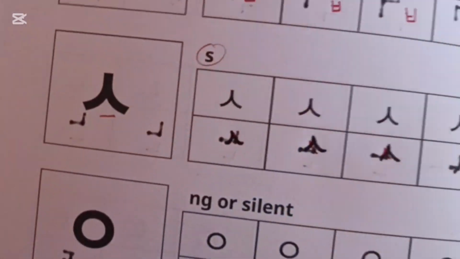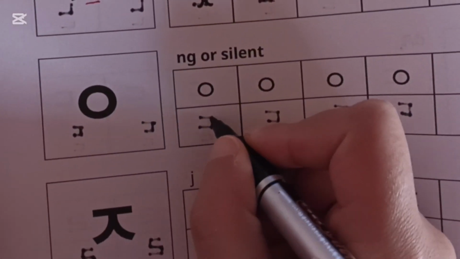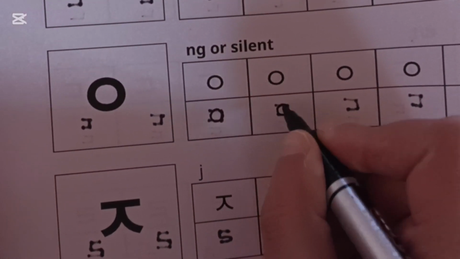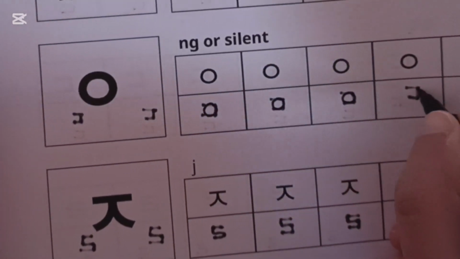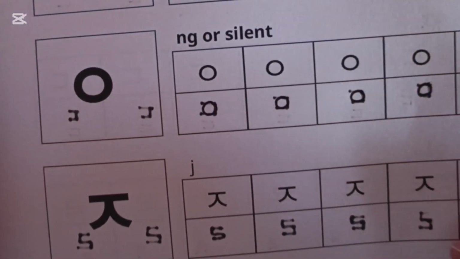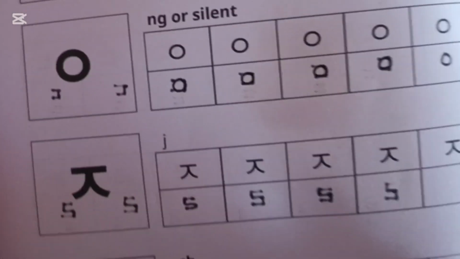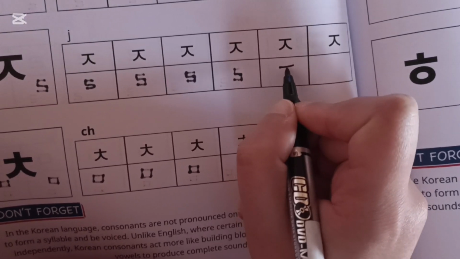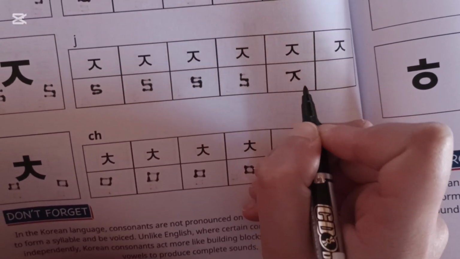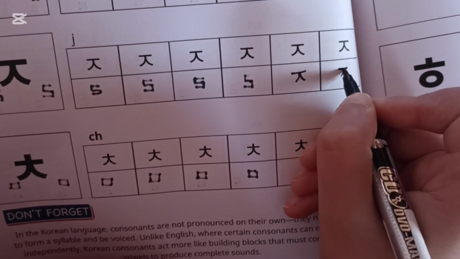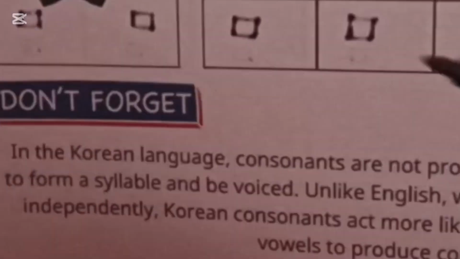Okay, that's better. This one is ieung, and it's either ng or silent, depending on where it is in the syllable. So if it's at the beginning, it's silent. If it's at the end, it's ng. Then we have the horizontal stroke, then we have this, just like that.